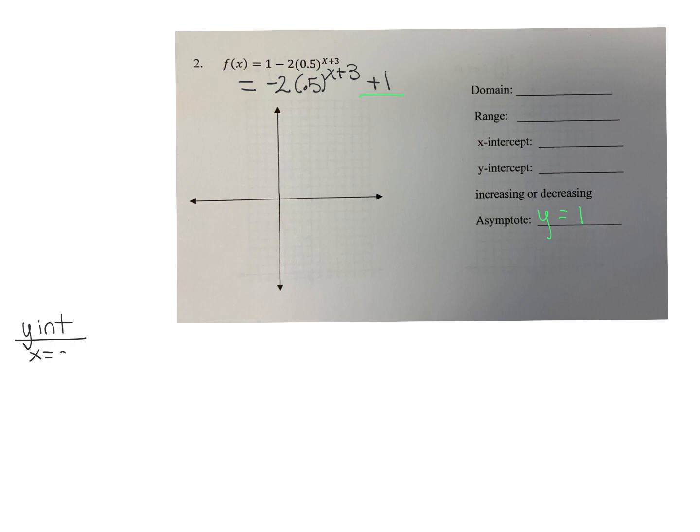You let x equal 0. So y is going to equal negative 2 times 0.5 to the third, because 0 plus 3 is 3, plus 1.